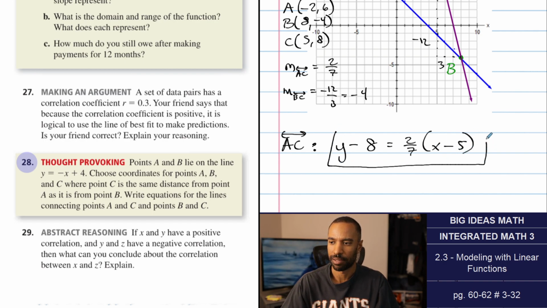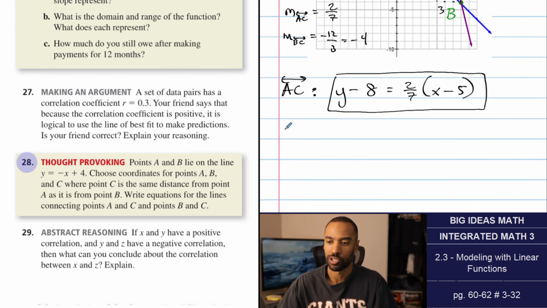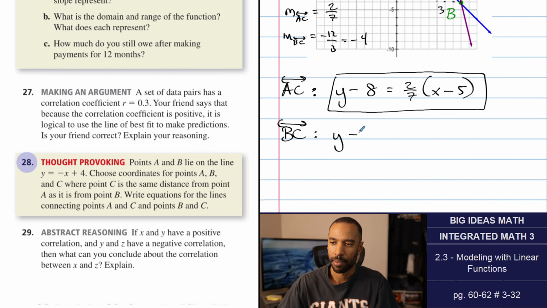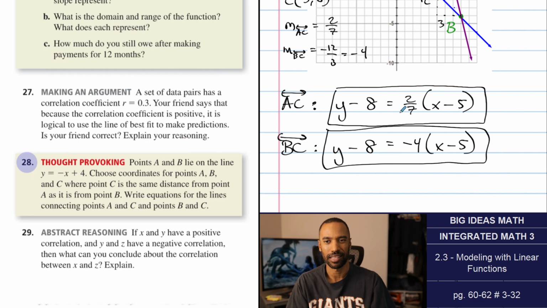I'm just going to leave it like that. I'm not going to get any deeper into slope-intercept form if I don't have to. They didn't say to. And BC is going to be y minus 8 equals negative 4 times x minus 5. You could get deeper into it and make it slope-intercept form, but we're good. This is just a very open-ended thing. I just played with whatever.